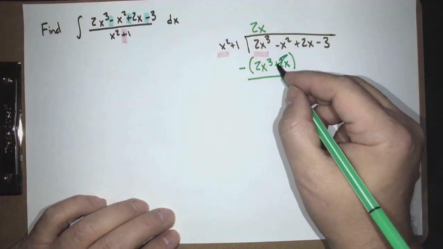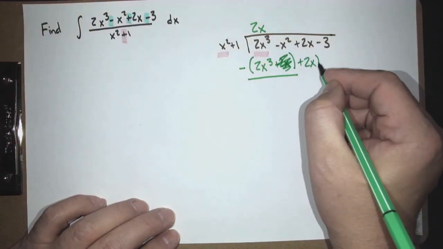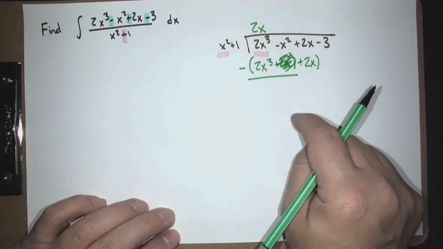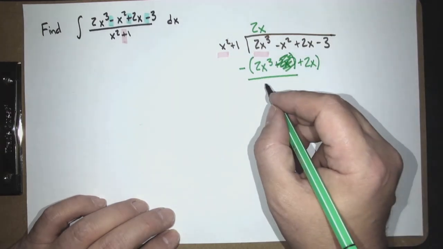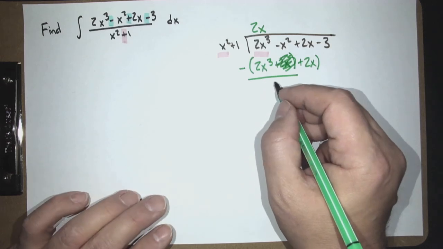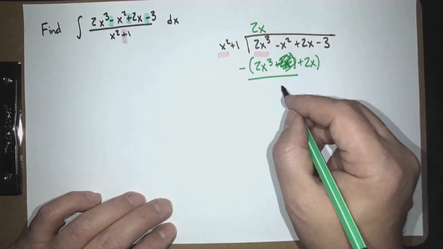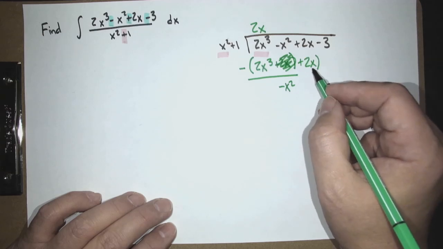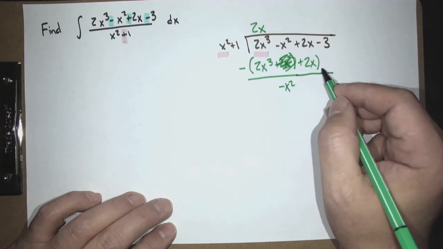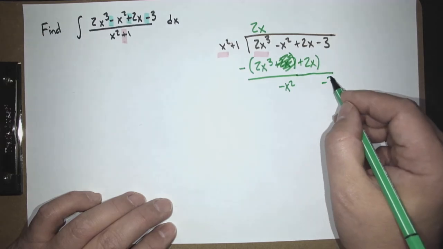Oh, whoops. I should put the 2x underneath the 2x. 2x cubed minus 2x cubed? Gone. Minus x squared comes down. The 2x minus 2x? Gone. The minus 3 comes down.